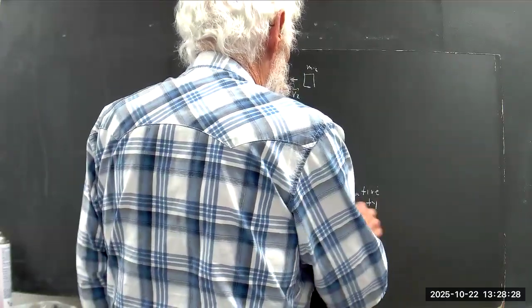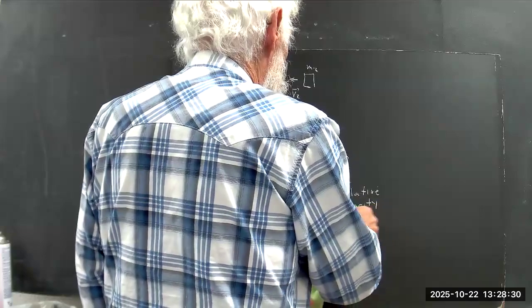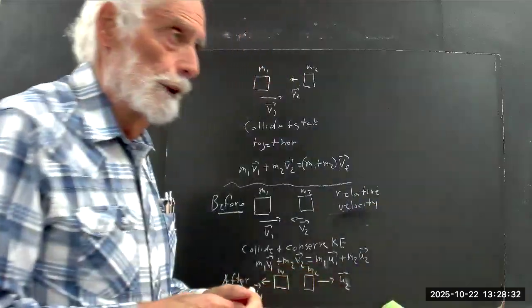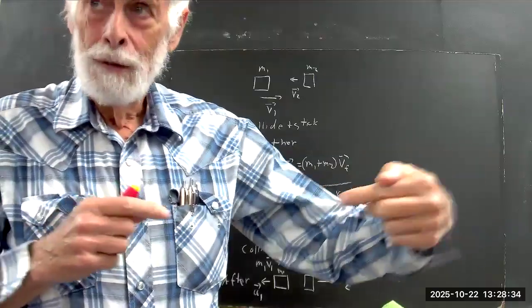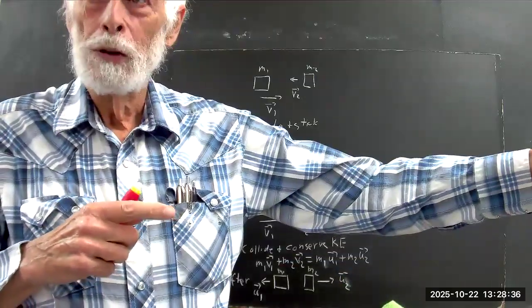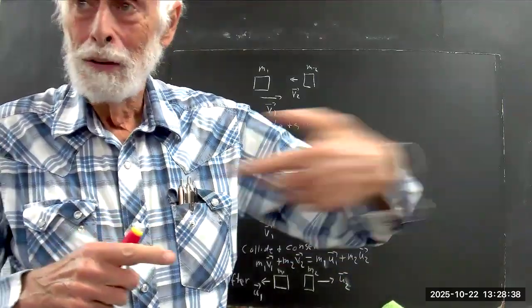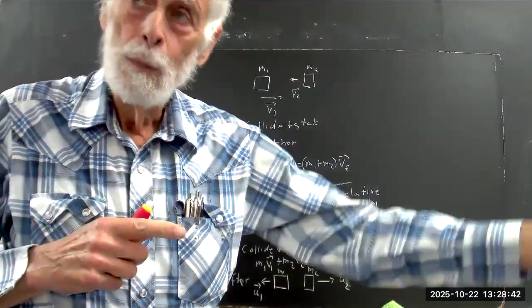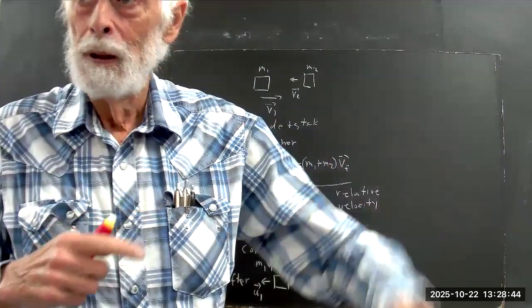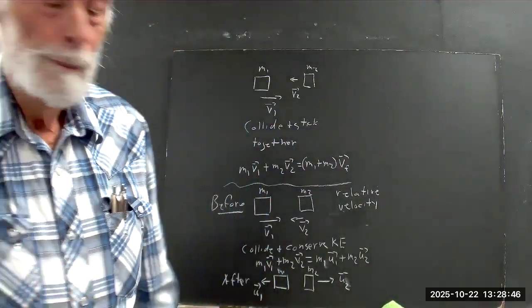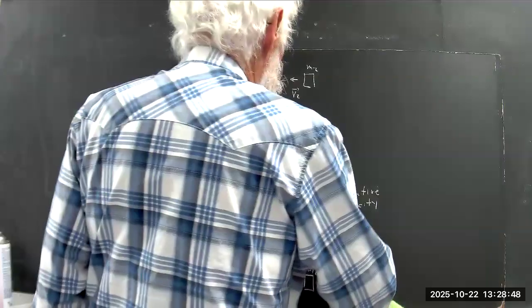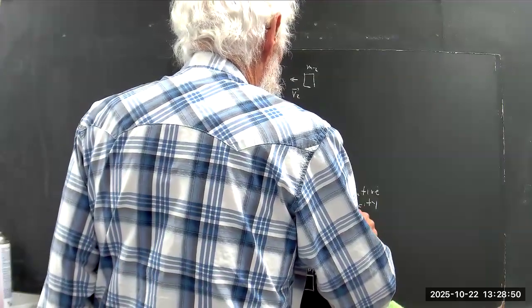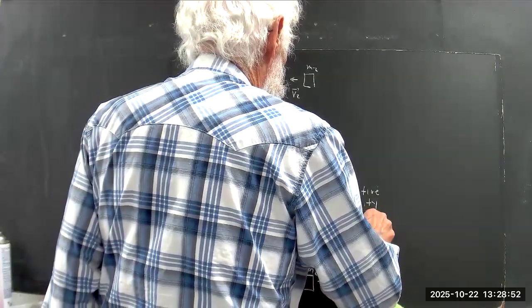It's V2 minus V1. Because the other thing is, if he's approaching at 30 miles an hour, you see him approaching in the negative direction, right? And the relative velocity of him with respect to you is negative 80 meters per second. And we'd say then that the relative velocity would be V2 minus V1.